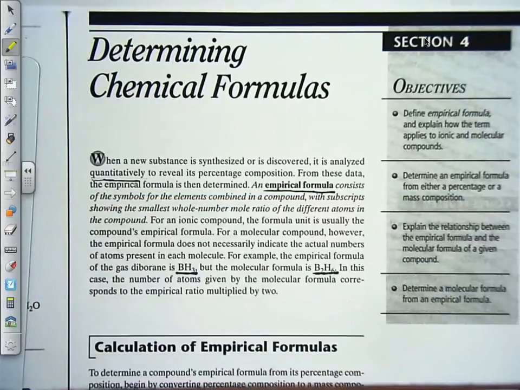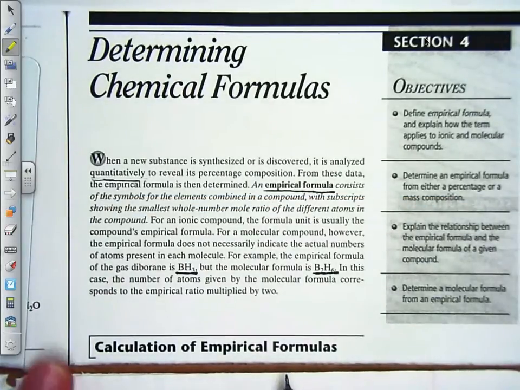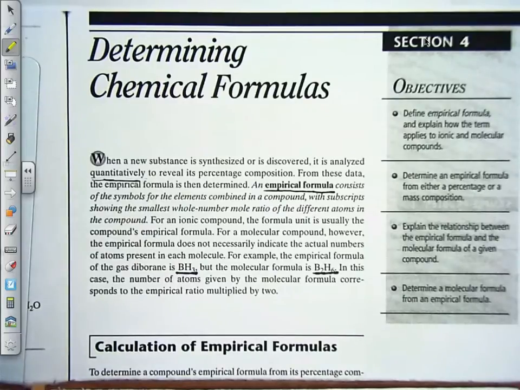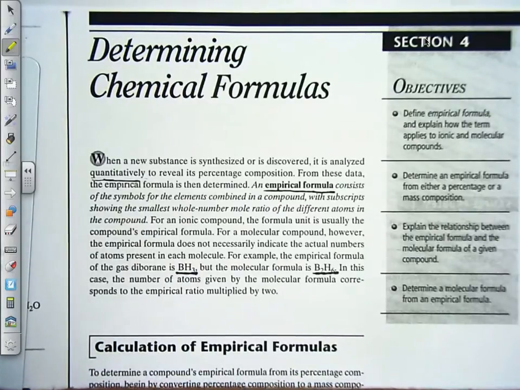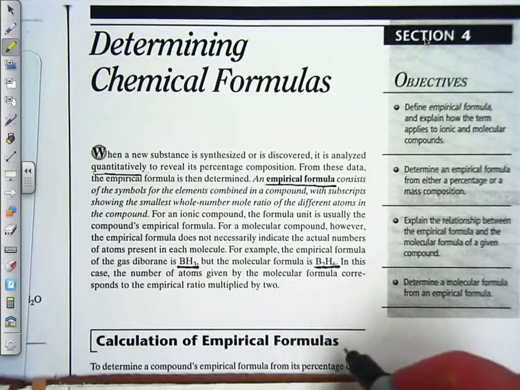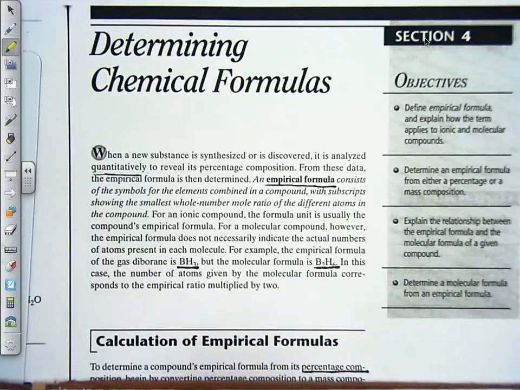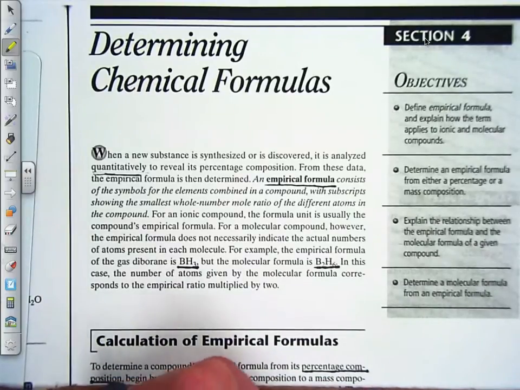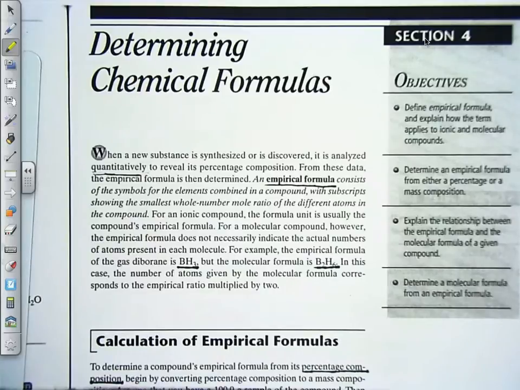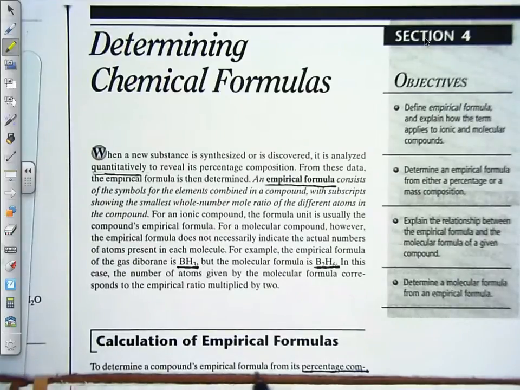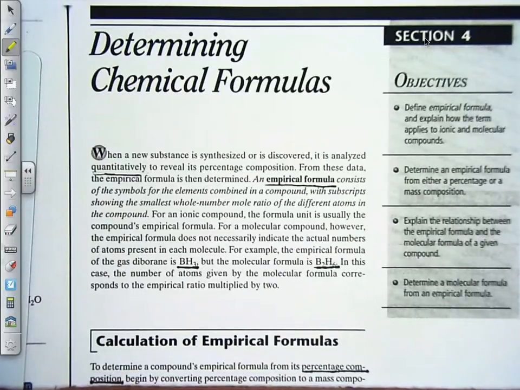Let's keep reading. Calculation of empirical formulas. To determine a compound's empirical formula from its percentage composition, remember percentage composition is what percent by mass each element represents in a formula, begin by converting the percentage composition to mass composition.